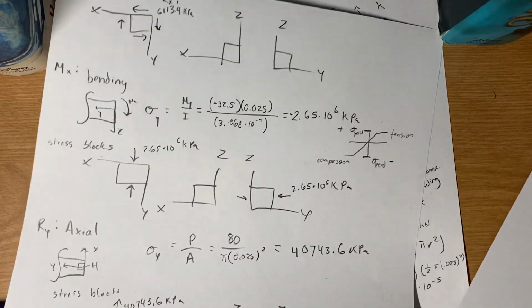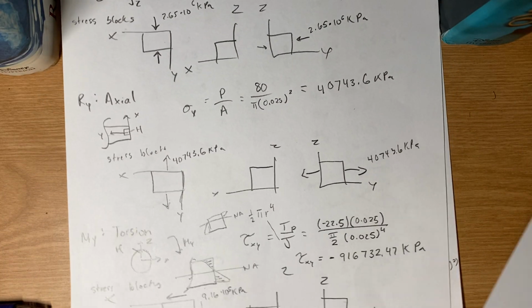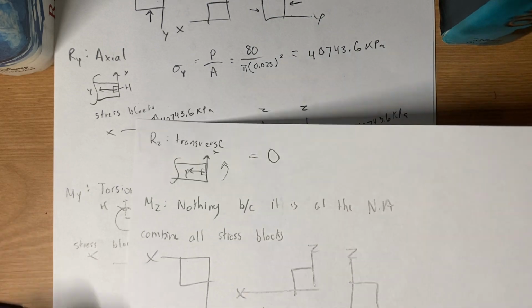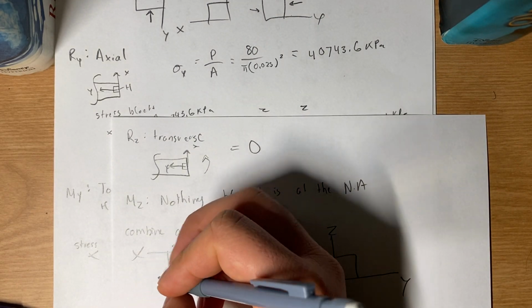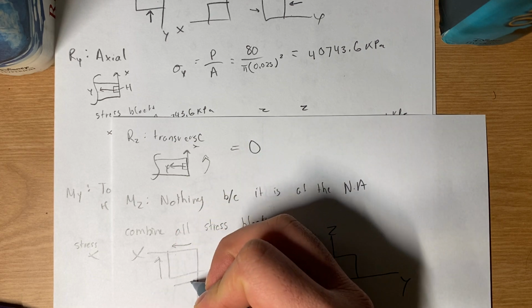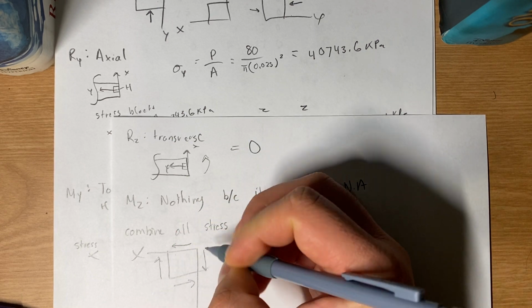So it's going to be negative plus negative, which is actually going to look the same in the orientation of the arrows.